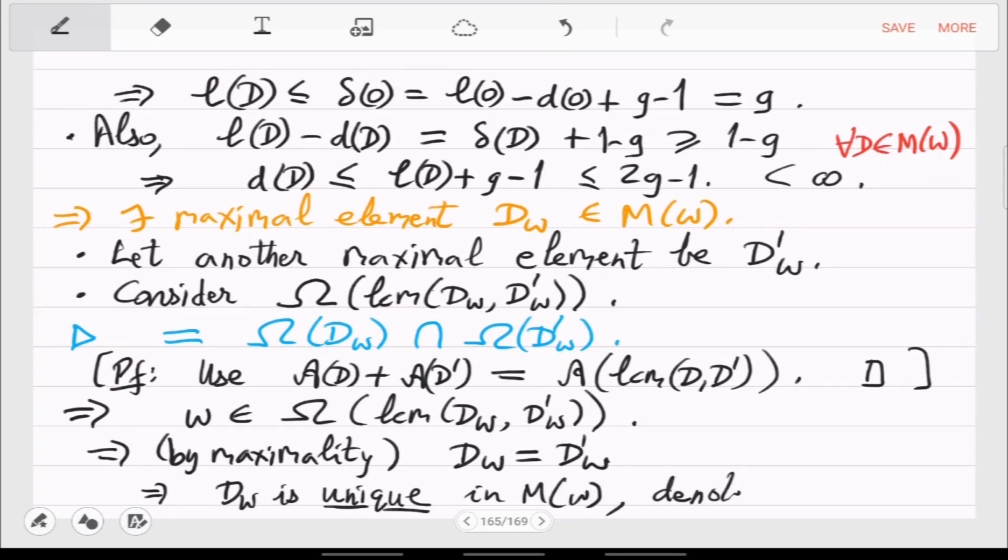We will denote it by this notation. This will be the notation, same as principal divisor, but now for differentials.